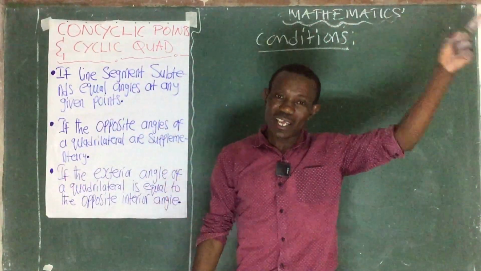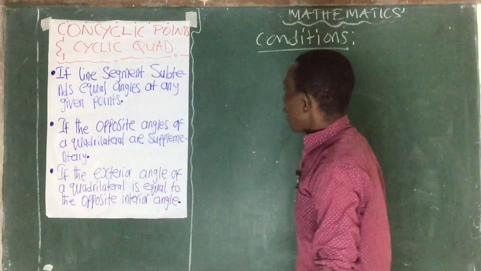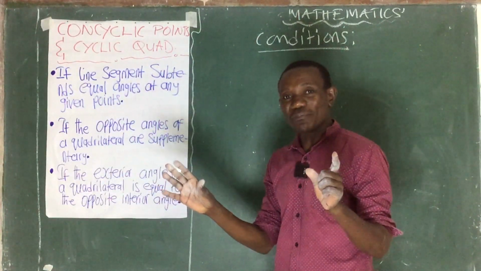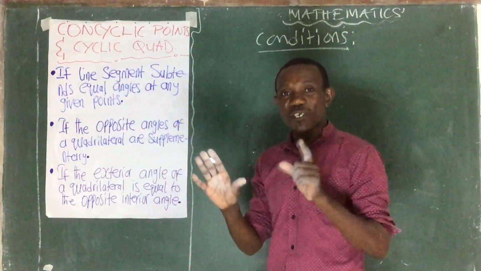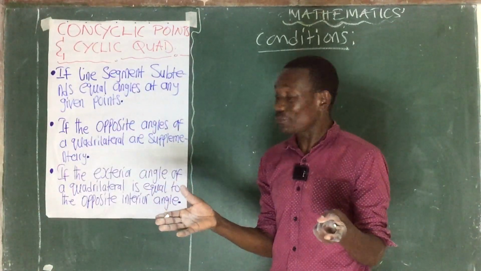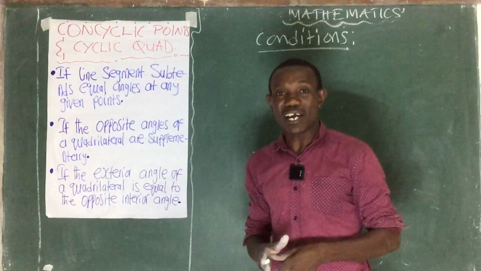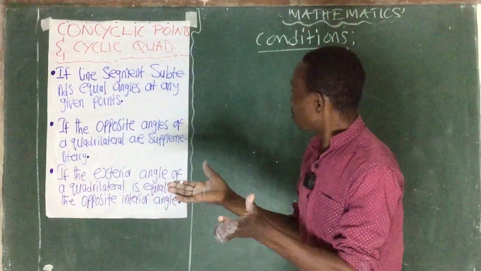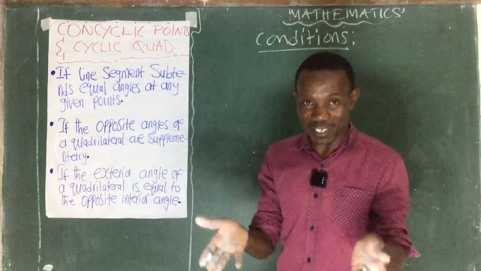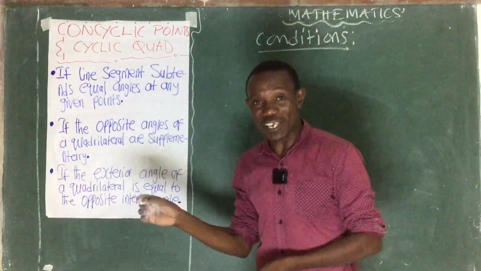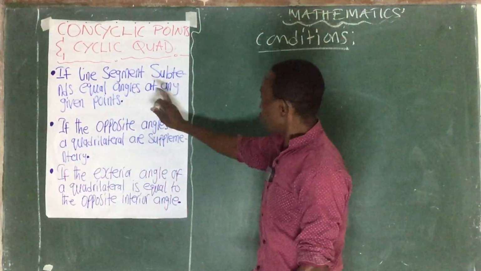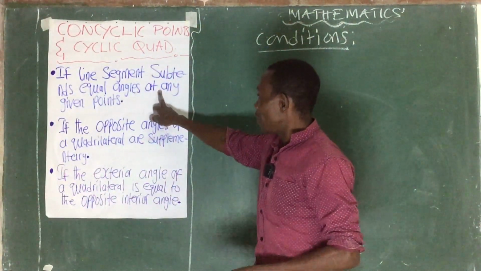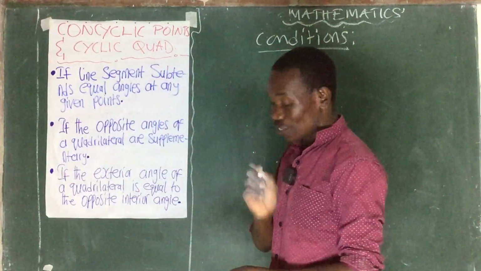So we're relating to that property we had, equal chords or equal arcs subtend equal angles at the circumference. But in this case, we have got a figure which has got no circle. But when you connect the points, you get a quadrilateral, so the question is whether that quadrilateral is cyclic. So if you check that this one is satisfied, then that quadrilateral is cyclic.